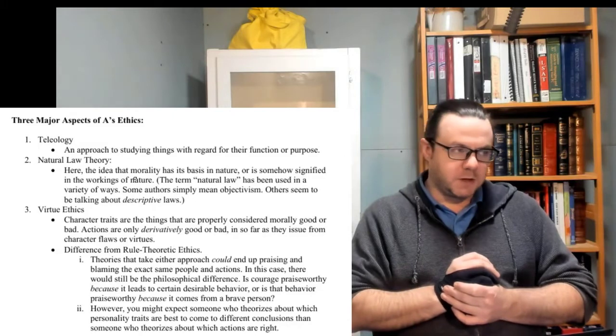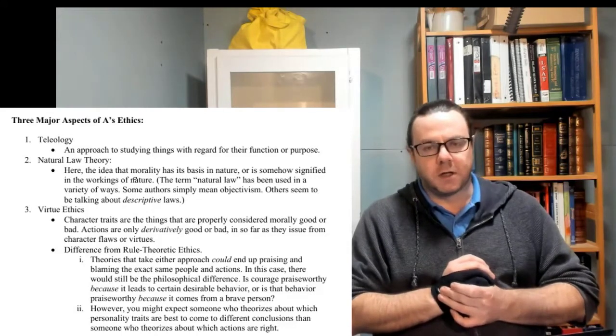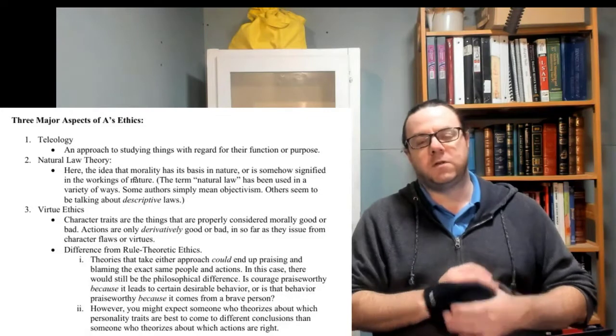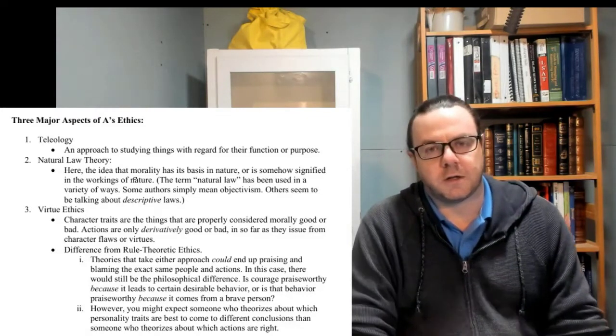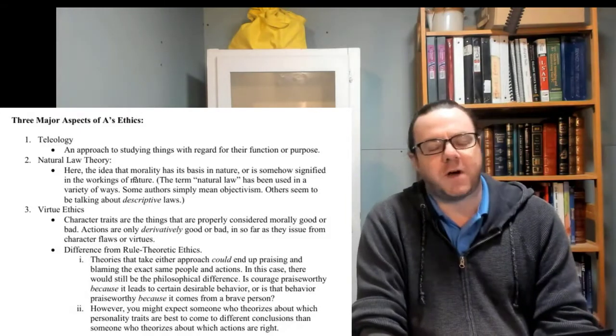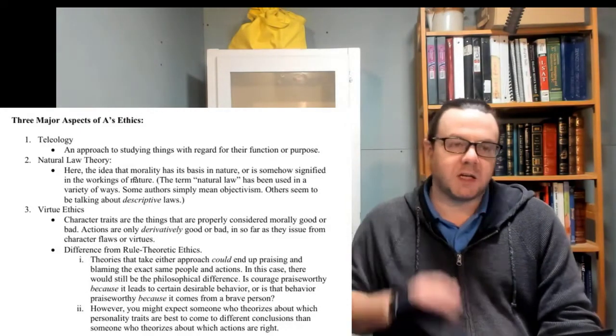Obviously, Aristotle is writing more than 1,000 years before the other two, Kant and Mill. And there are some features of Aristotle's writing that you can find off-putting or strange if you're a student beginning to read this kind of stuff.